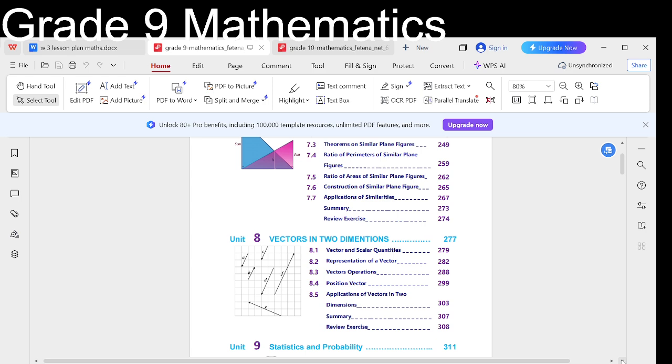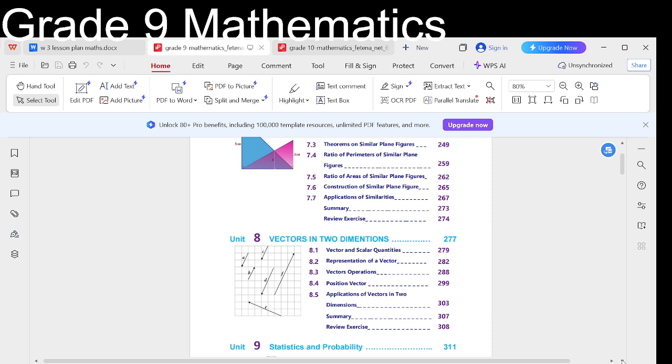Unit 8 is vectors in two dimensions. It has 5 subsections, beginning with vector and scalar quantities. Vector quantities are quantities that can be described by using magnitude and direction, and scalar quantities are quantities that we always describe using only magnitude.